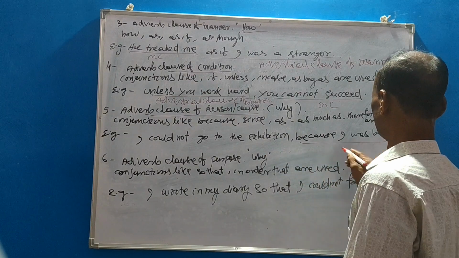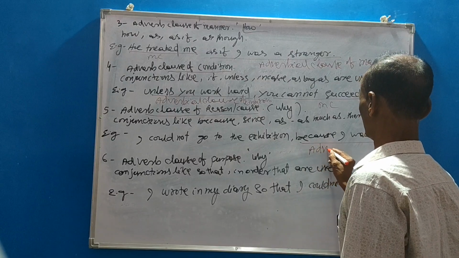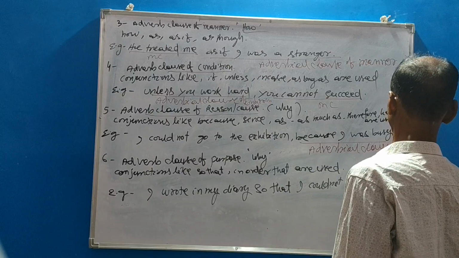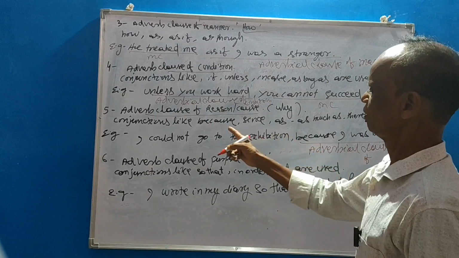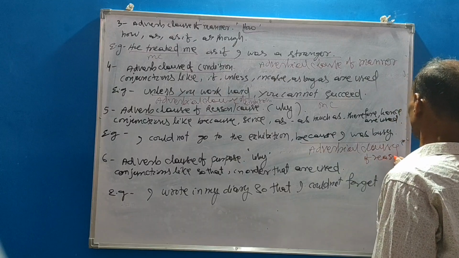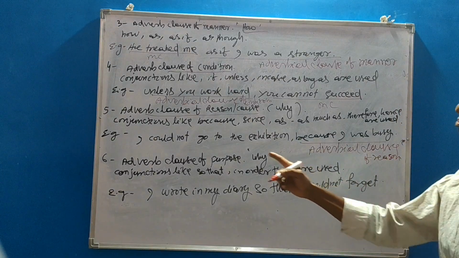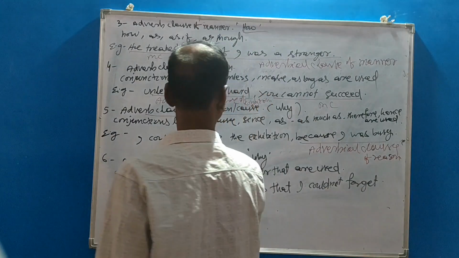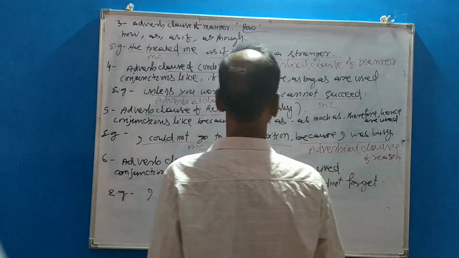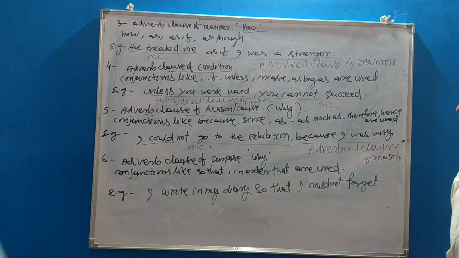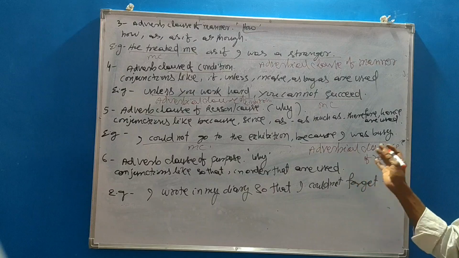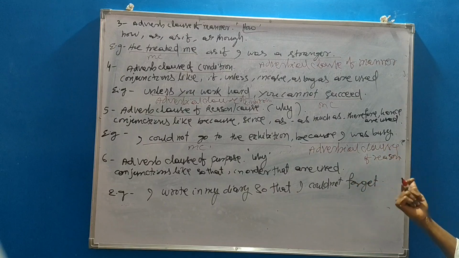So because I was busy, that is the reason. I could not go to the exhibition is the main clause. Question, why could I not go to the exhibition? Because I was busy.